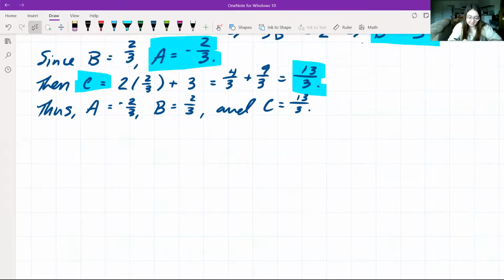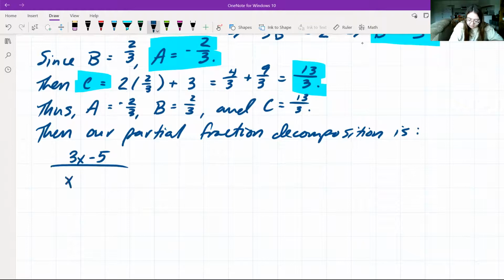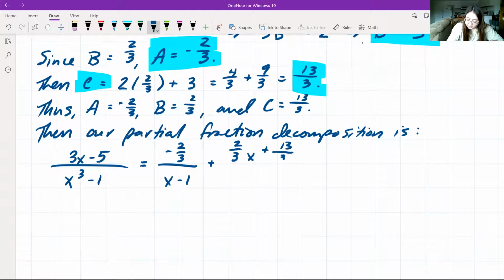So we can just go ahead and say then our partial fraction decomposition is 3x minus 5 divided by x cubed minus 1 is equal to negative 2/3 divided by x minus 1 plus 2/3 x plus 13/3 divided by x squared plus x plus 1.